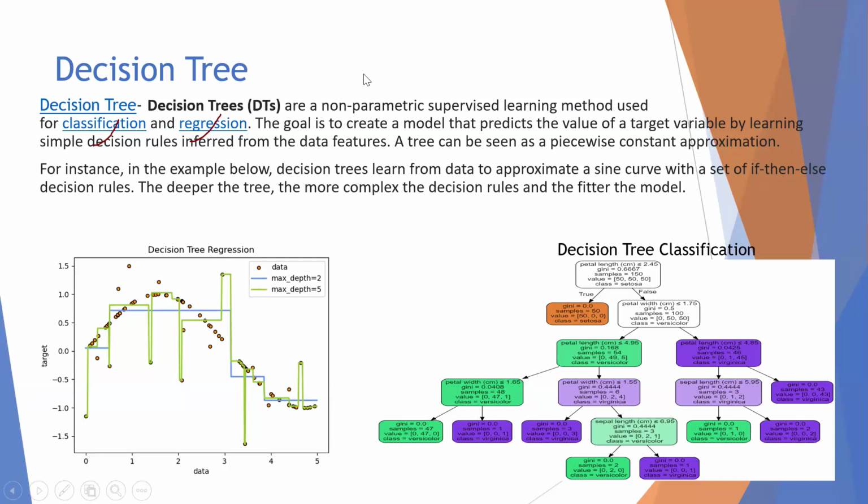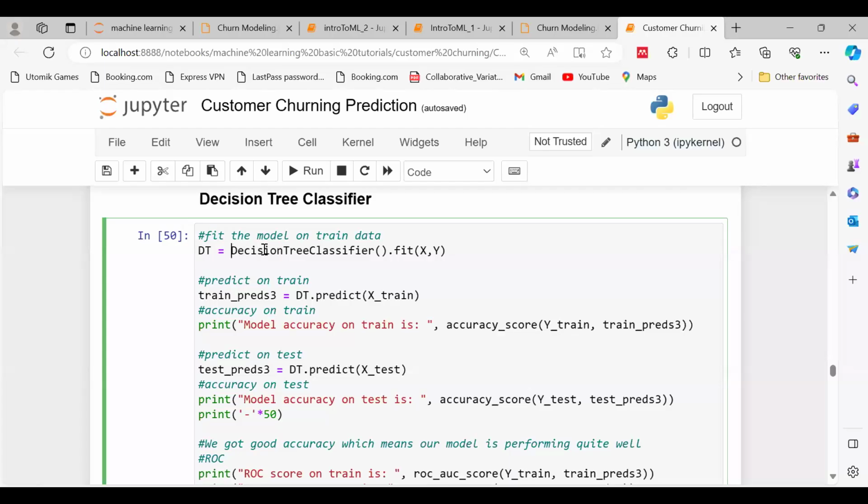So how do we implement this in our project? We call this function, DecisionTreeClassifier. DecisionTreeClassifier is the name of the machine learning model that we are going to use here. DecisionTreeClassifier.fit with X and Y are the parameters that we use for training and testing. We store the output of this model in the variable DT.